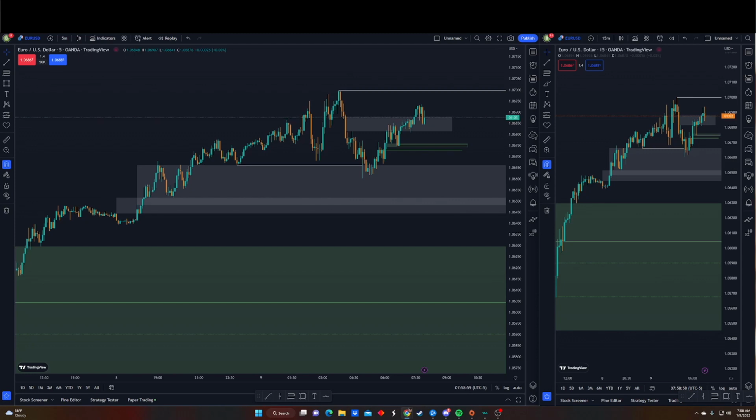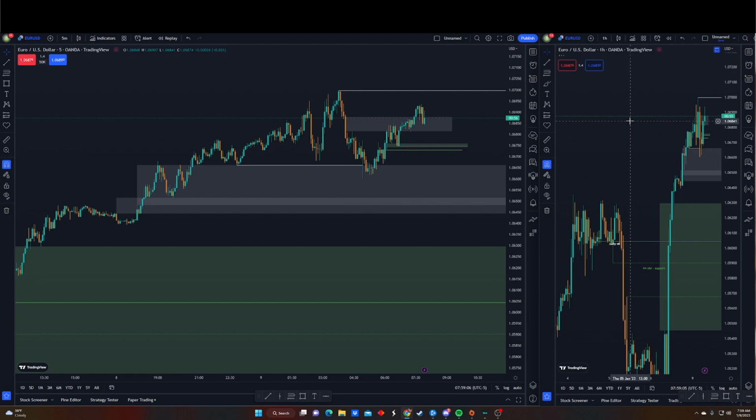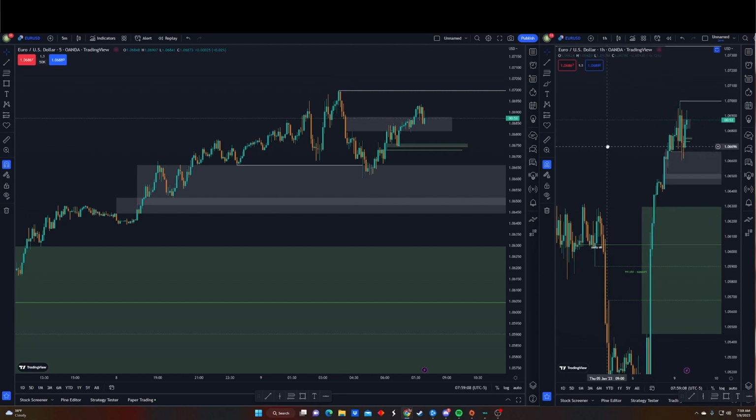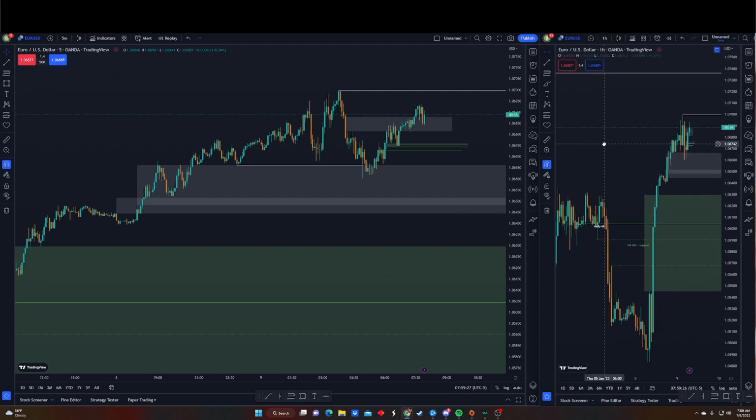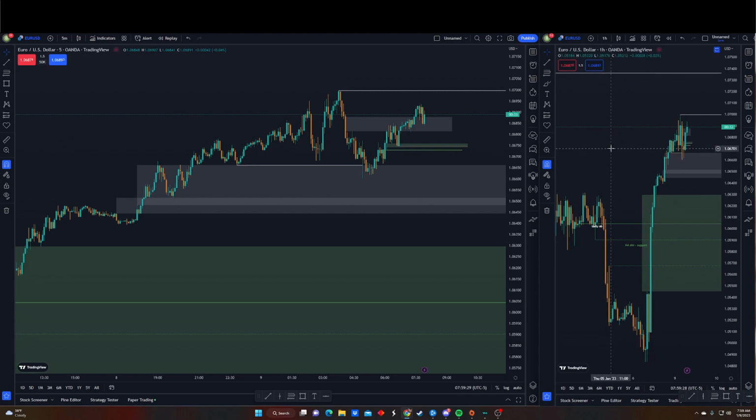Approaching 8 a.m. Let's take a look at the hourly. Okay. So this would be a fair value gap if we leave that open, which we'll wait for the hour to close.